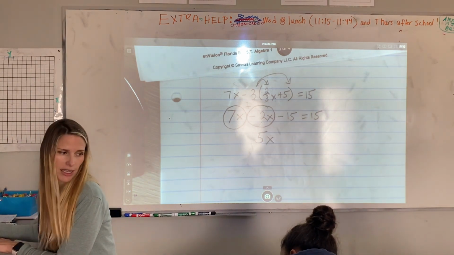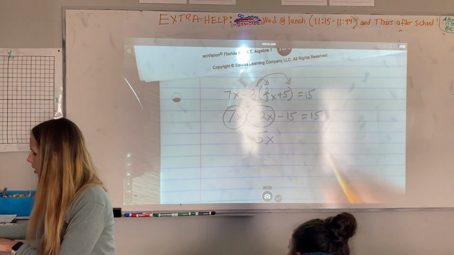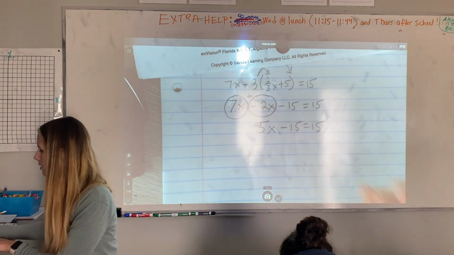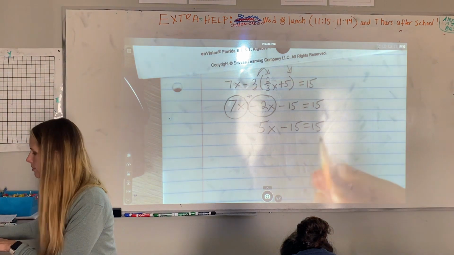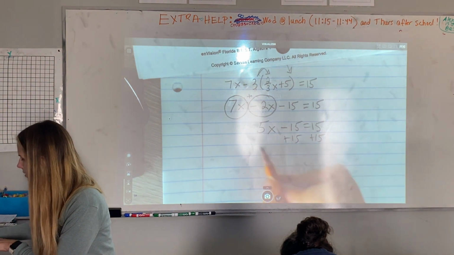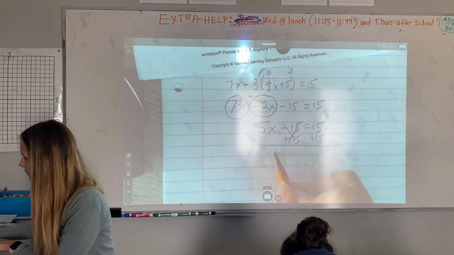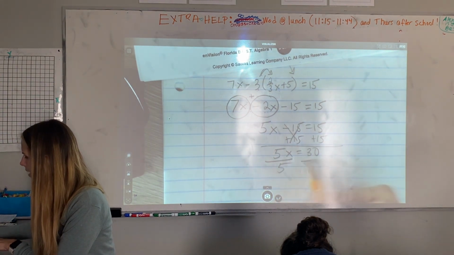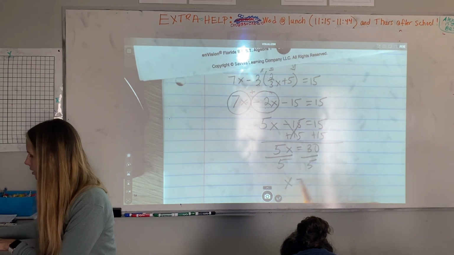Okay. All right, and then minus 15 equals 15. And then what do we do, guys? Yep, add 15 to both sides. Then we get 5x equals 30. Divide by 5 on both sides, and we get x equals 6.